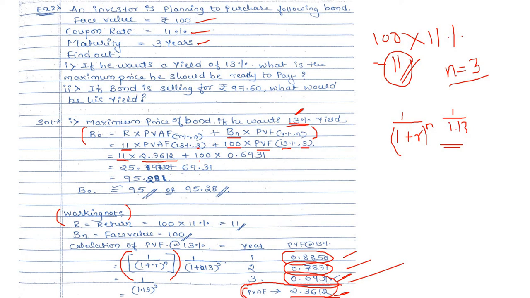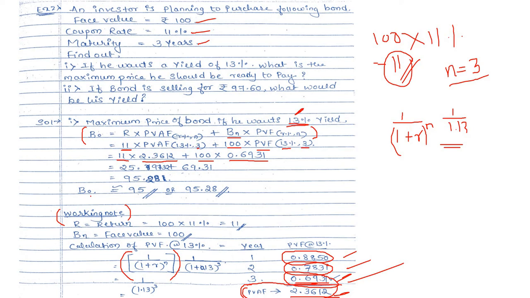Plus 100, the face value we already know, into the PVF of the third year. What is the value of the third year? 0.6931. Now multiply 11 into 2.3612, we get the value as 25.9732, plus 100 into 0.6931, 69.31. We got the value as 95.28.